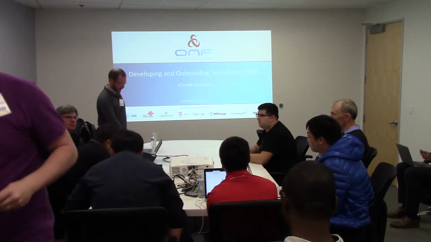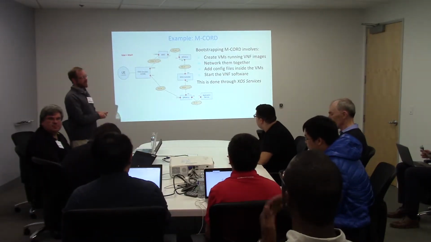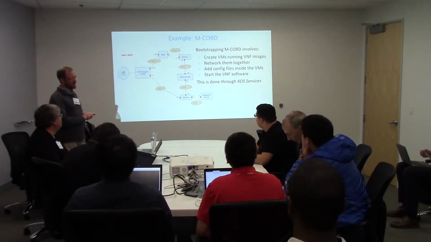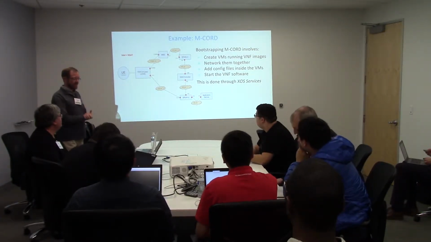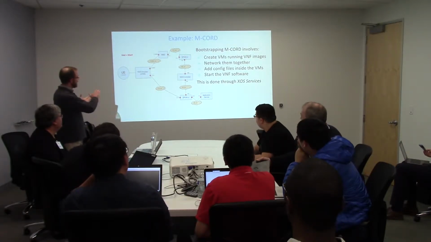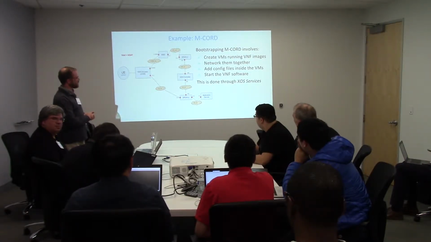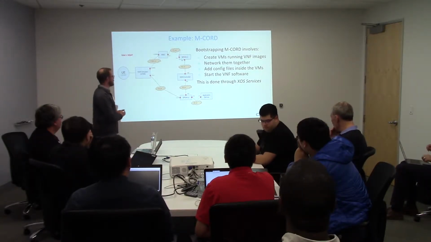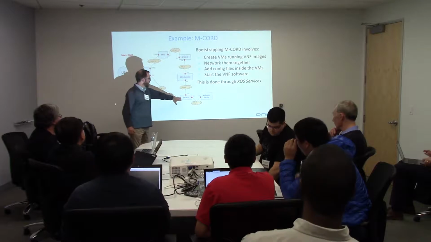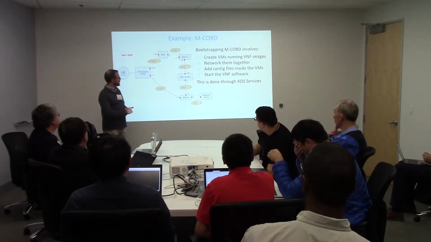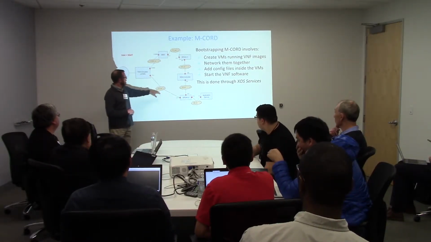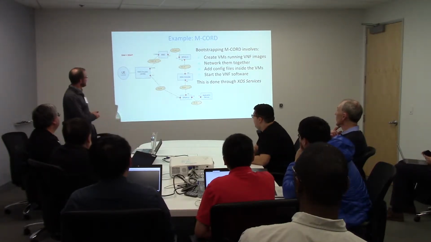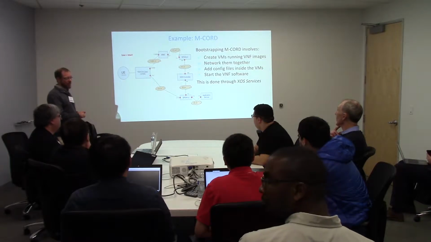Okay, so let's get started. Just to give you an example of an actual use case and what is involved here, this is a picture of the mCord use case. It involves a number of VNFs running in VMs. That's what these boxes are. And these clouds are networks connecting the VNFs together.